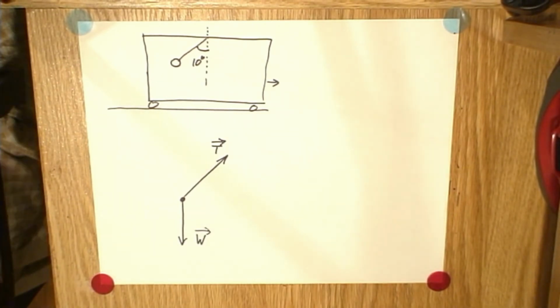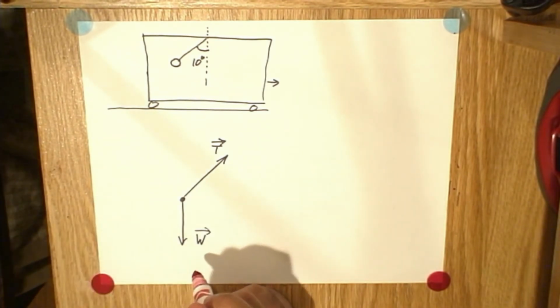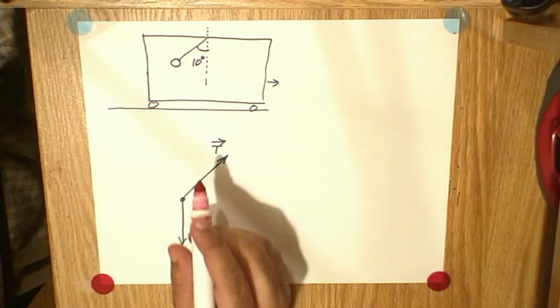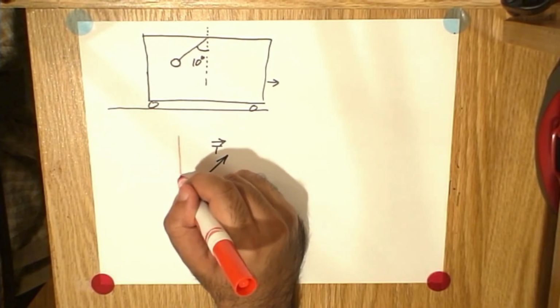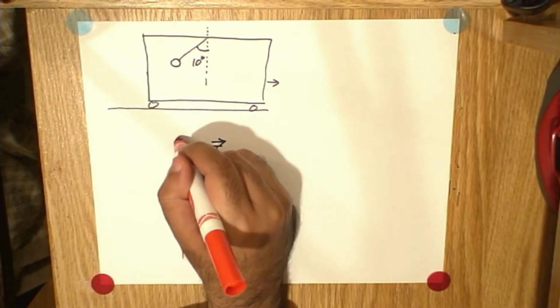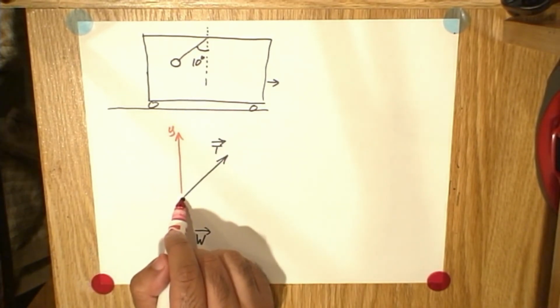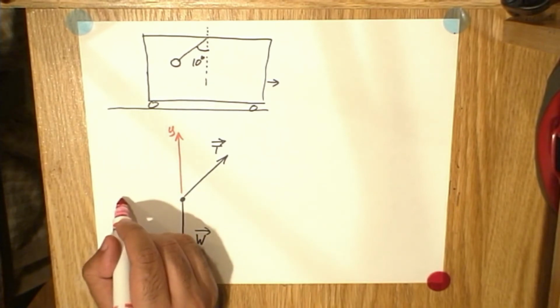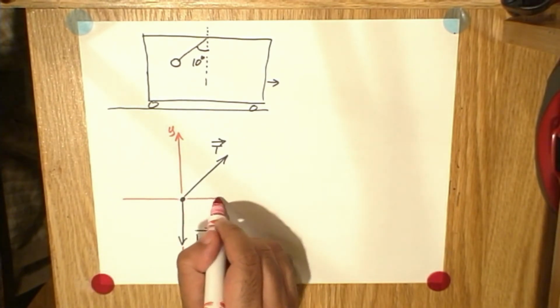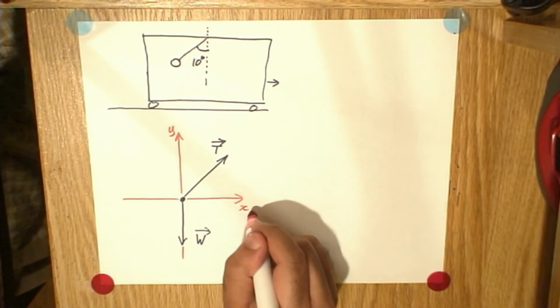Now, we are now ready to start applying our axes. I will set my vertical axis to be in line with the weight. So this will be the y direction. The origin, of course, always goes on the spot in the free body diagram. And the x-axis I will set in the conventional way, with right being positive.